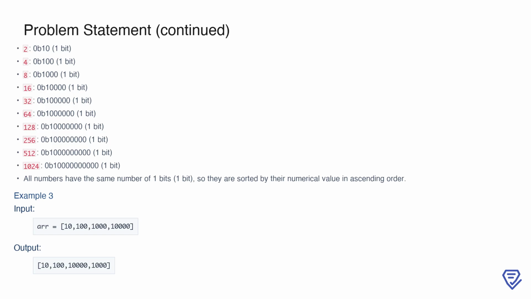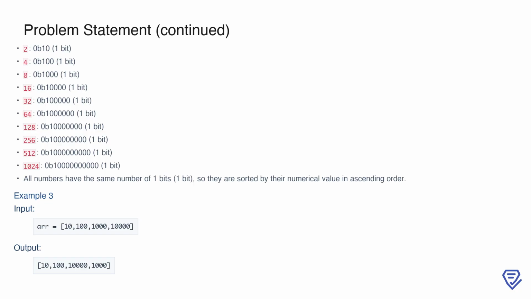Now consider another example where the input array is 1024, 512, 256, 128, 64, 32, 16, 8, 4, 2, 1. The output in this case is 1, 2, 4, 8, 16, 32, 64, 128, 256, 512, 1024. Let's break down why this is the correct result. For each number in the array, we calculate the binary representation and count the number of 1 bits.